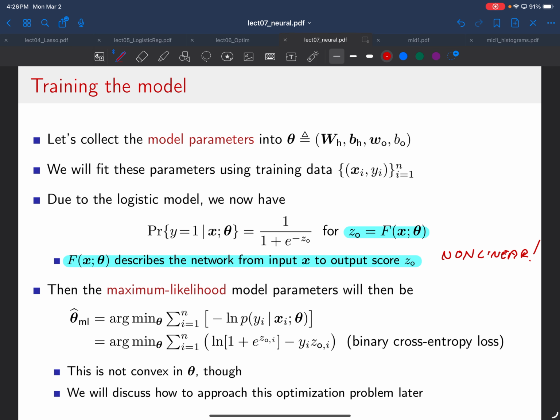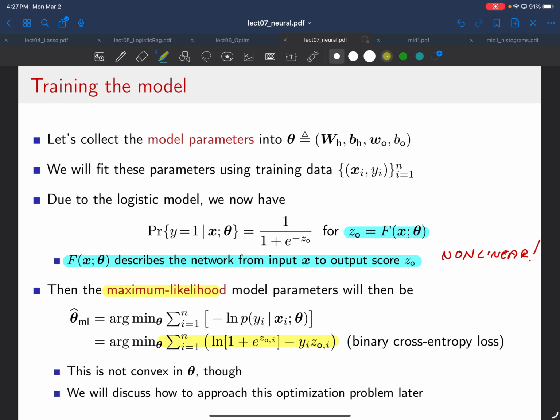Okay, but everything else is pretty much the same as before. We're going to do maximum likelihood, as always. We're going to use our binary cross entropy loss, which we derived to be this. We're going to use gradient descent or some variation of gradient descent to figure out what these parameters are, taking downhill gradient steps until we get to hopefully the minima.